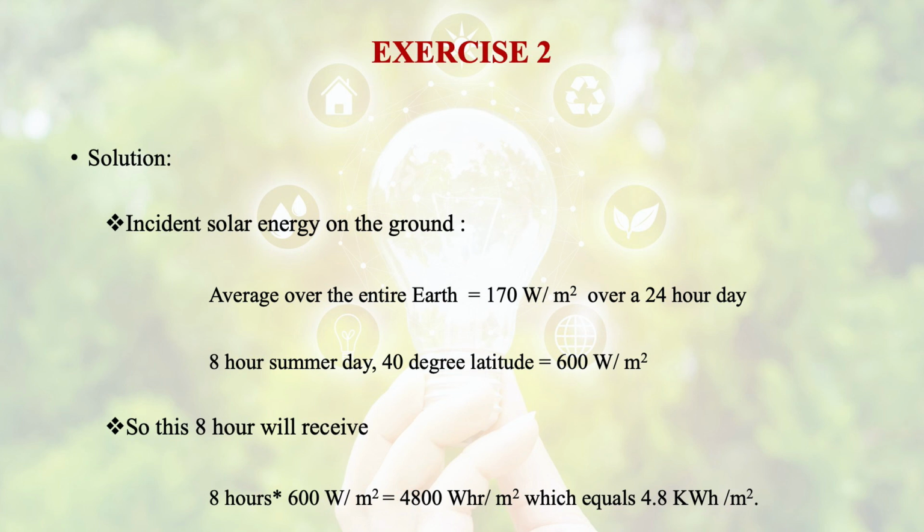So in this 8 hours we will receive 8 into 600 watt per meter square, so we will get 4800 watt hour per meter square, which is equal to 4.8 kilowatt hour per meter square.